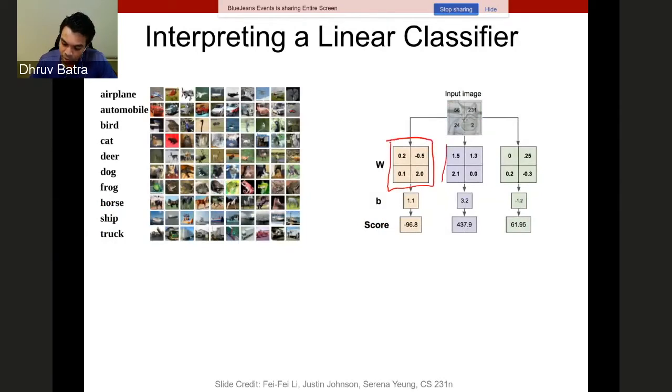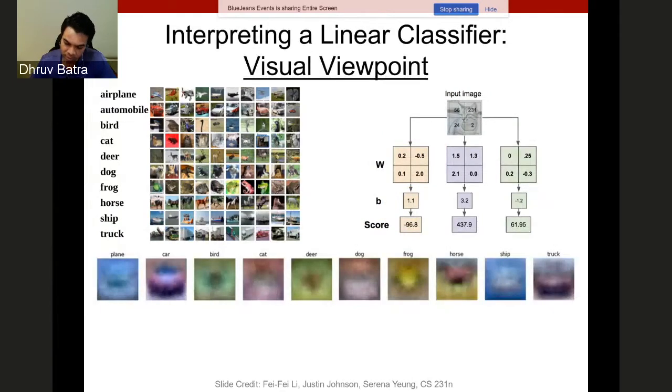So this is that visualization right here. What I've done is, for each of these 10 categories, this image is actually a height by width by 3 image, so this image is a tensor. Therefore, this W can also be reshaped into that tensor, height by width by 3.